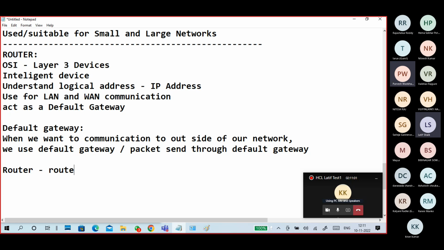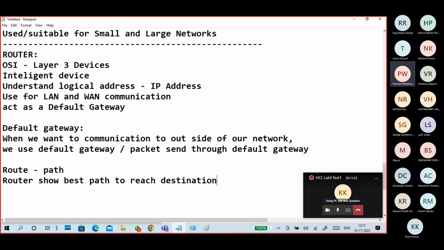What is route? Route means path. The router shows the best path to reach the destination. Very good. Best path to reach destination.